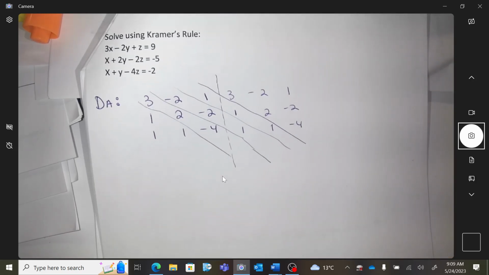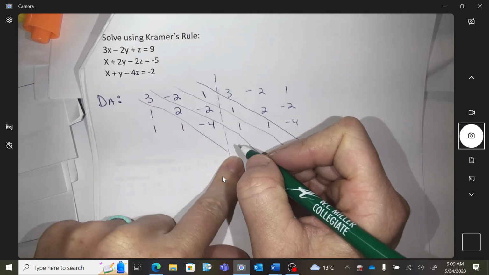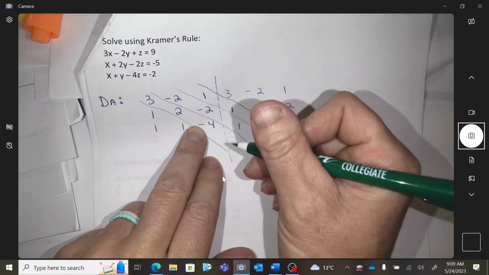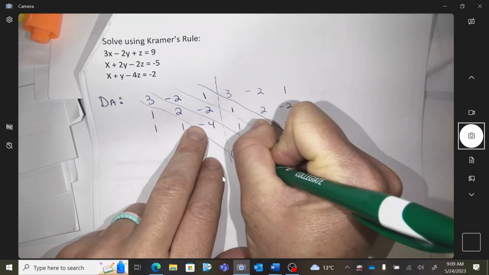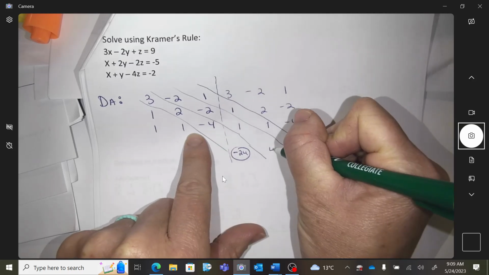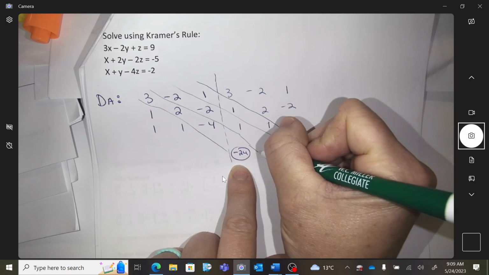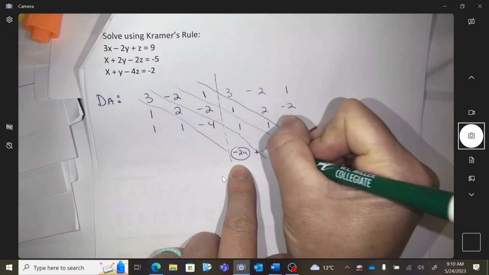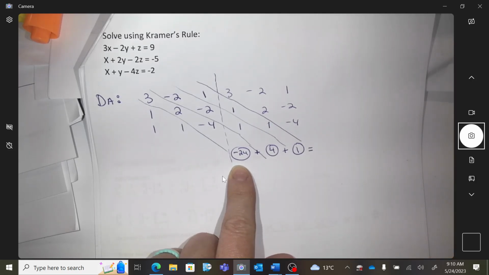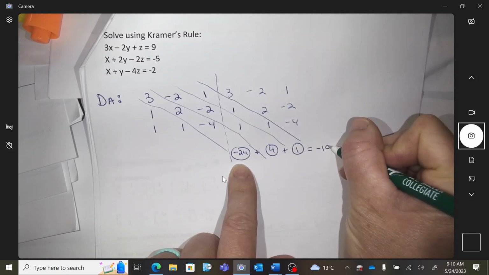Okay, so there's all my down diagonals now. So let's multiply. 3 times 2 times negative 4 is negative 24. Negative 2 times 1 is 4. 1 times 1 times 1 is 1. I'm going to add those together, which is negative 19.